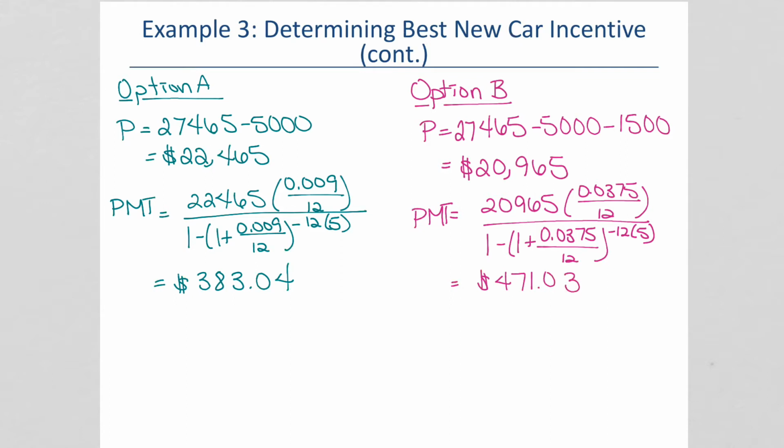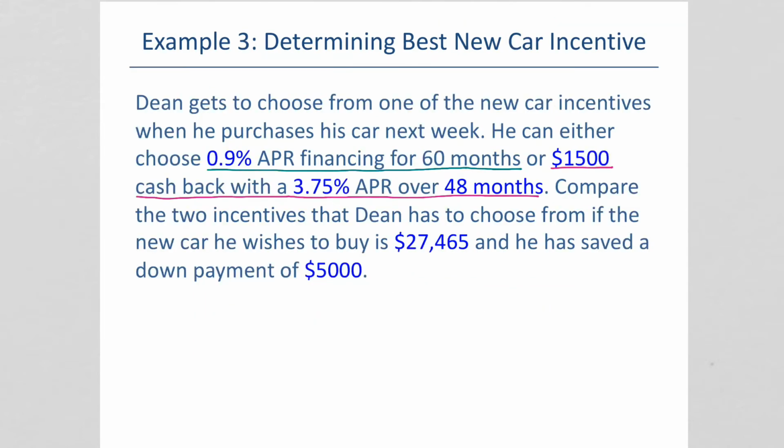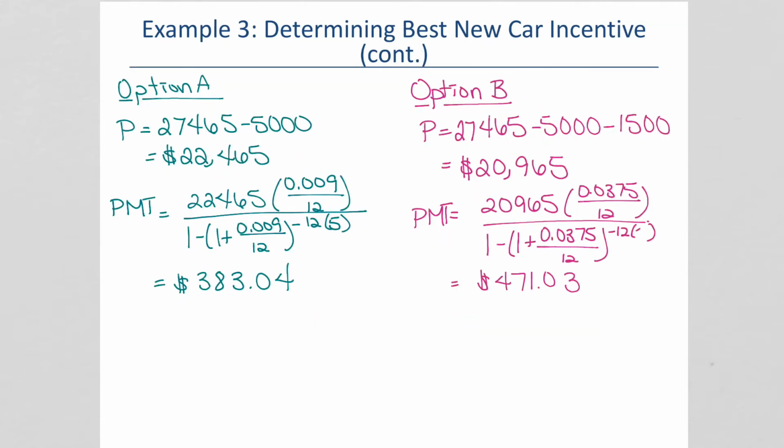A lot more. But, oh, wait a minute. That's the right number. But this T was supposed to be 4, I do believe, because it's for 48 months. Sorry about that. There we go.